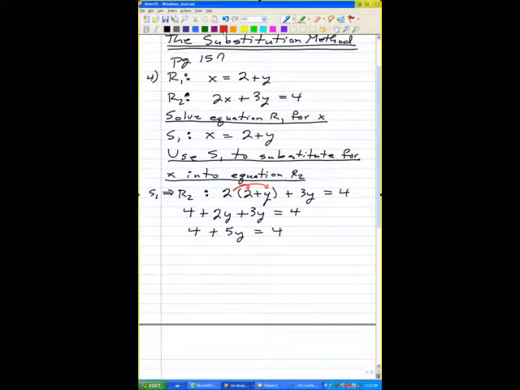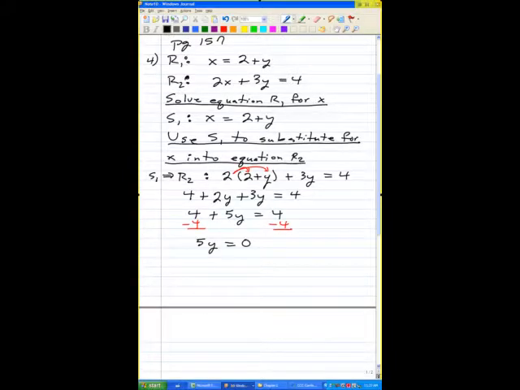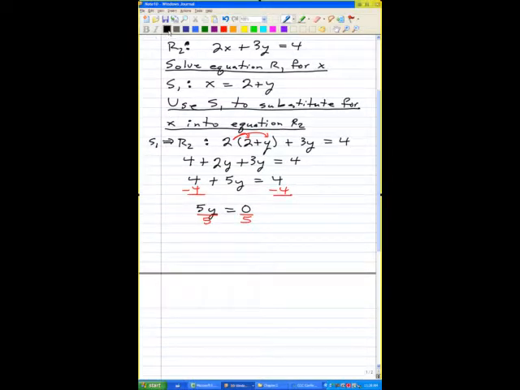Let me subtract 4 from both sides of my equation. So by the additive property of equality, I have that 5y is equal to 0. Now that I've isolated y on one side of my equation, let me divide both sides of my equation by 5. So by the multiplicative property of equality, I have that y is equal to 0 divided by 5, which is 0.